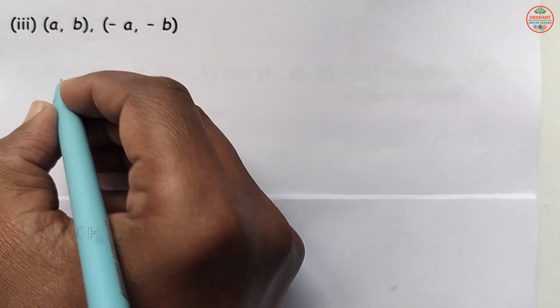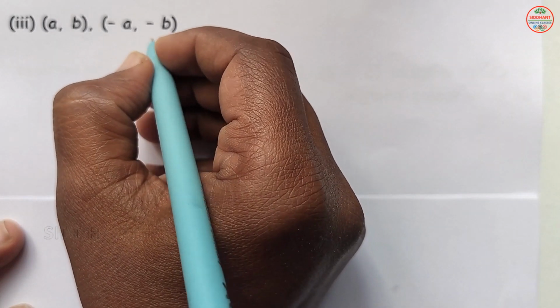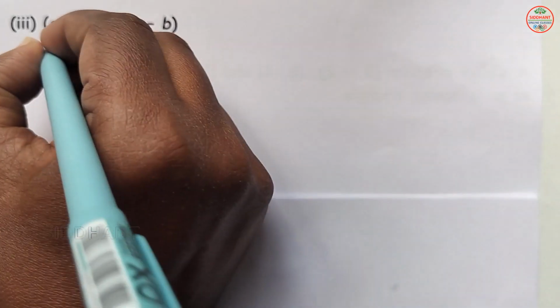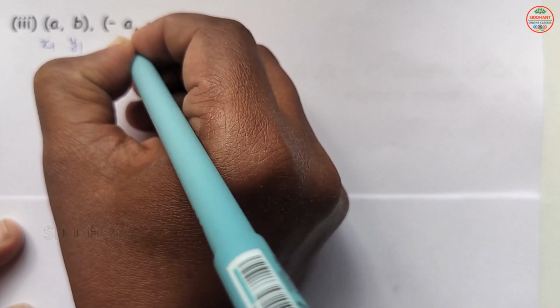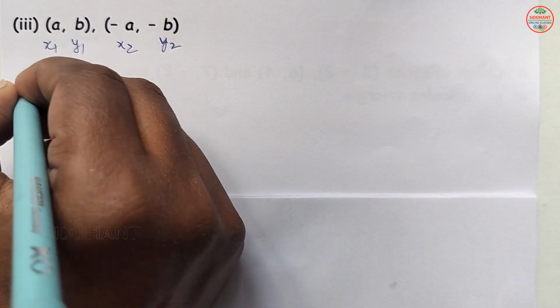Next, the third one: (a, b) and (minus a, minus b). Let this be x1, this is y1, this is x2, this is y2. So input the data.